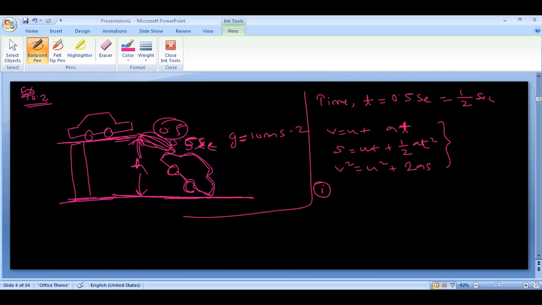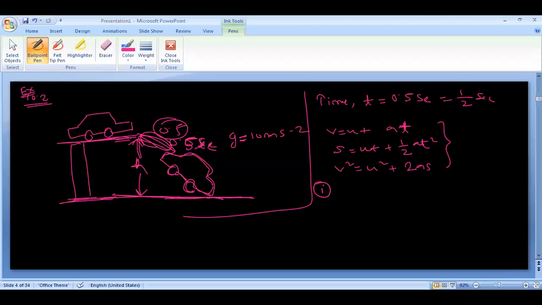See, this is the car. You are asked what is its speed on striking the ground, that means after striking the ground. So will it be final velocity or initial velocity? Final. Yes, good. Final velocity.